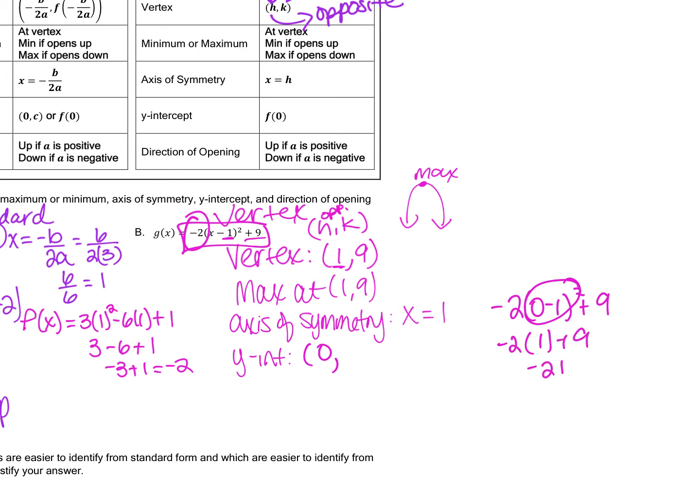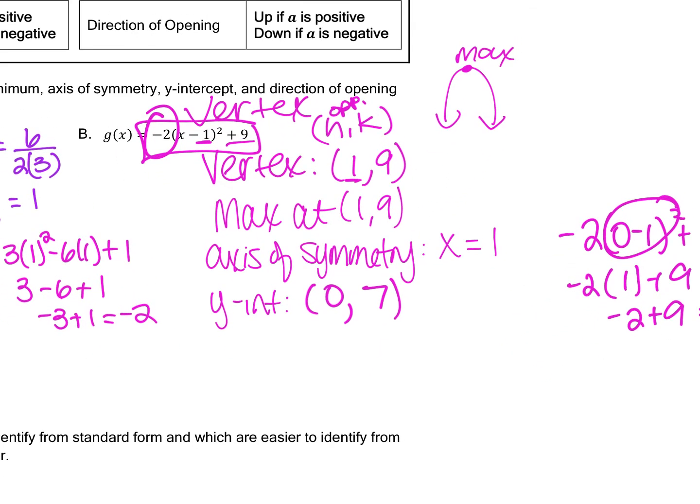So -2 plus 9 is 7. So there's our y-intercept. So in vertex form, the y-intercept isn't as easy to find. So you have to plug in a 0 for x, because anytime we have a y-intercept, our x value is 0. The direction, we already said that it opens down because our A is negative.